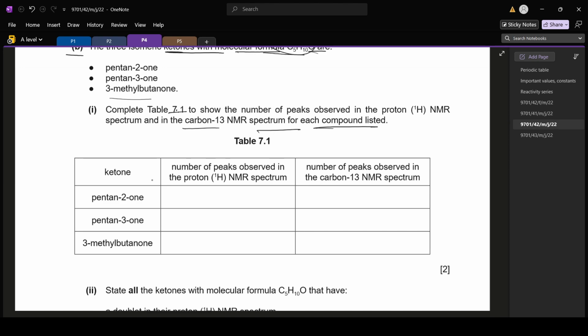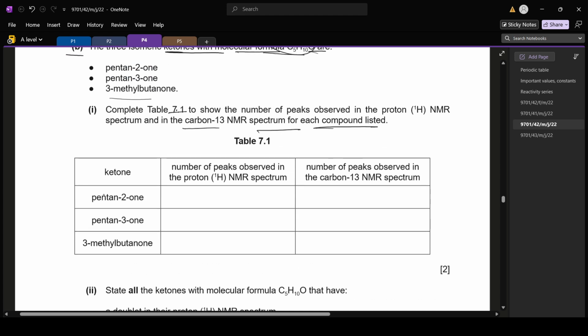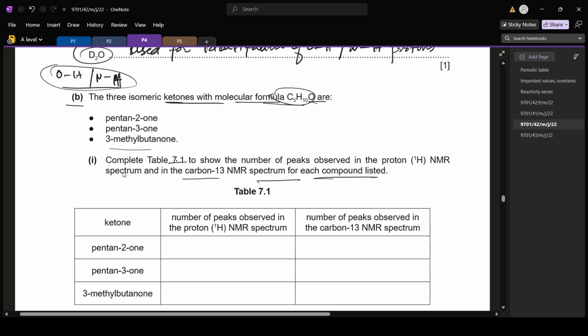So let's draw first this pentan-2-one. If I draw pentan-2-one, it's going to be like this.